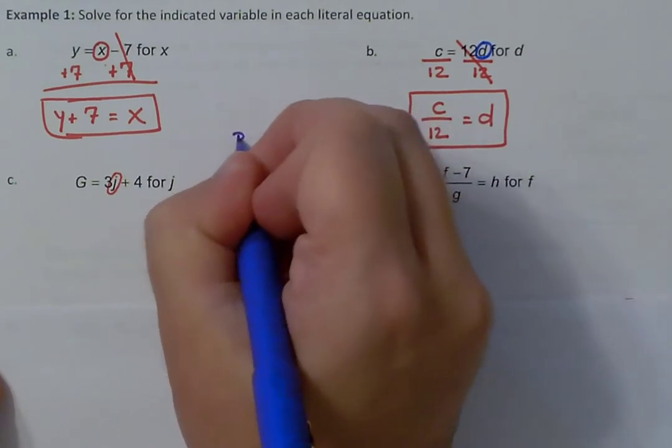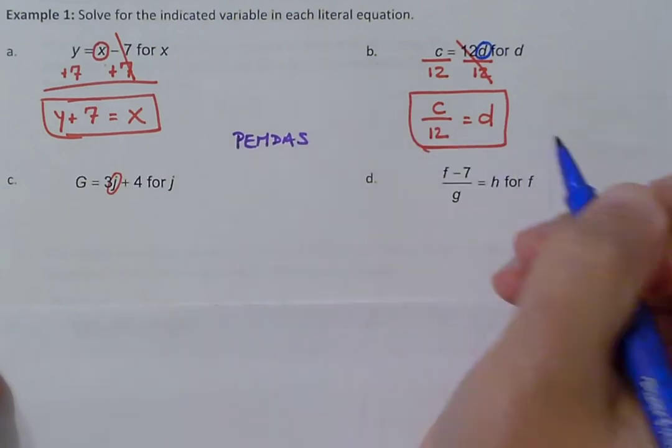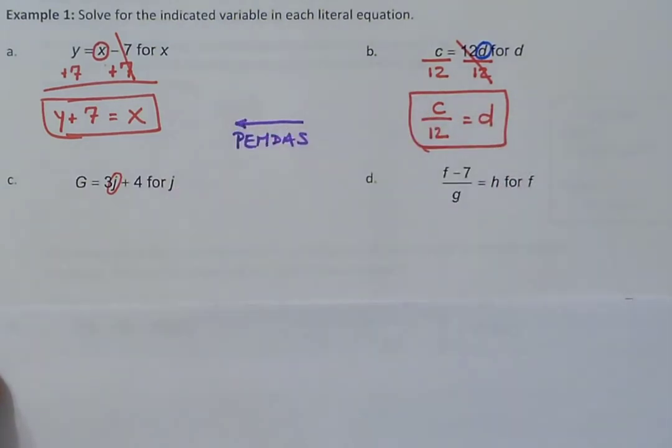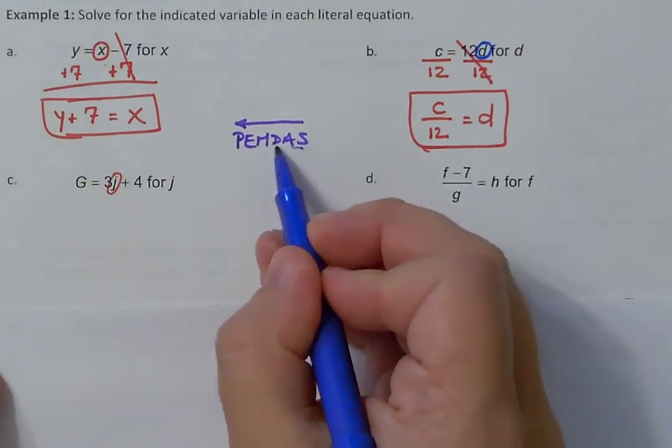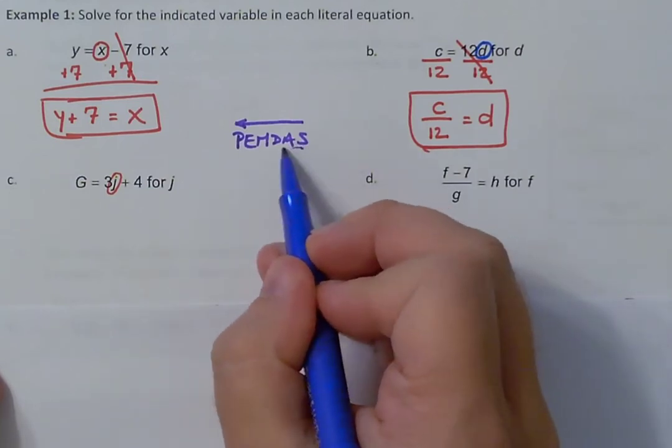Remember, if we were actually plugging numbers in, we would use PEMDAS, the order of operations. We're going to do the reverse of PEMDAS. So we're going to add or subtract first, then multiply or divide, and then exponents or parentheses. So let's add or subtract first.